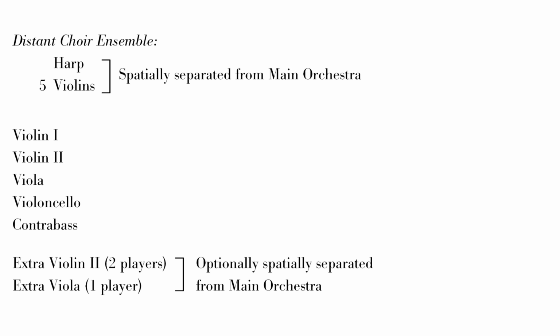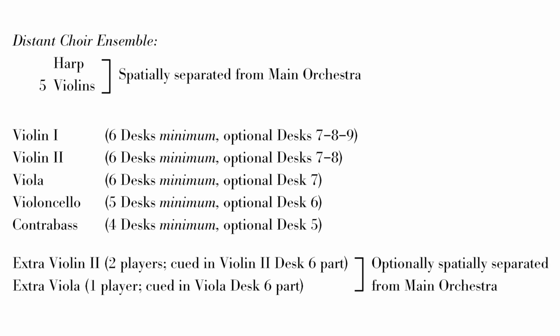So right there, you're locked into a minimum number of desks for the violins. Now, you might have a very large orchestra, or you might have a budget that would allow for additional players to be brought in, in which case you might exceed the minimum number of desks, and in which case there should be optional desks created. And so that's how we've solved this. For each string section, there is a minimum number of desks that must be staffed on stage.